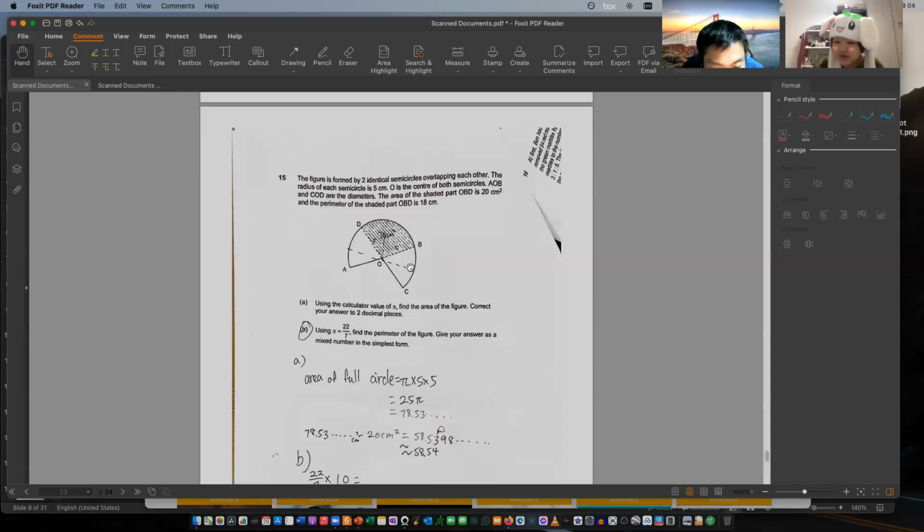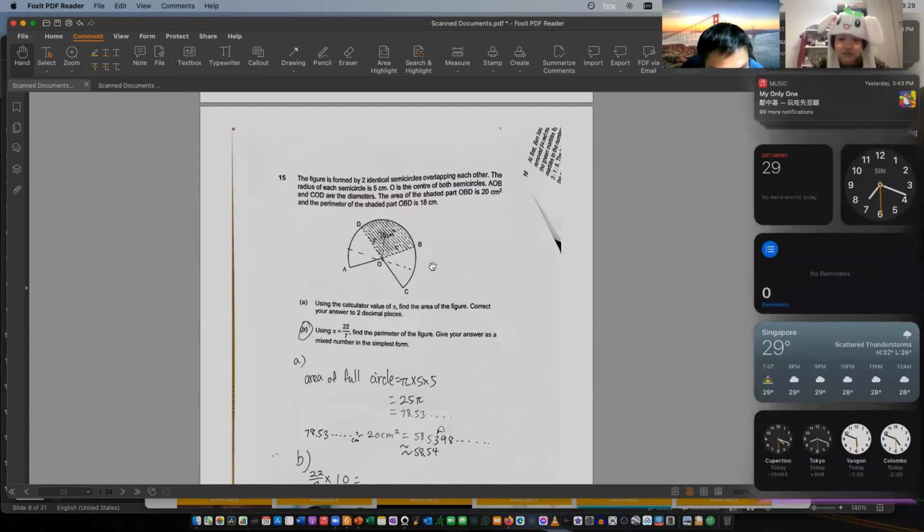Pi times diameter, or pi times r times 2. That will give you only the circumference. Wait. They want the perimeter of the figure. Figure means this entire one or the shaded one?